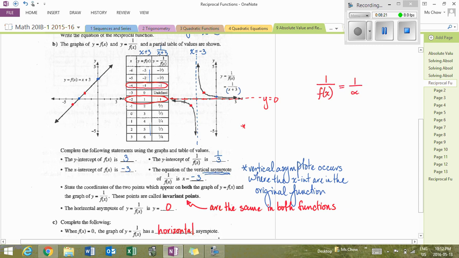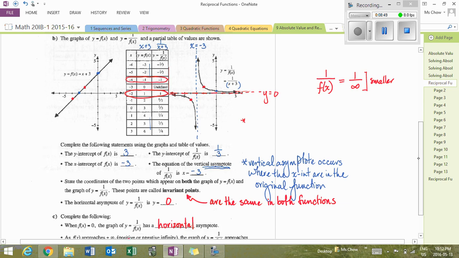As we get closer to positive infinity, this value is getting smaller. This represents a very, very small value, and that's what's happening right here. Versus the other case, if it's 1 over negative infinity, then it is also getting smaller, but on the other end right here.